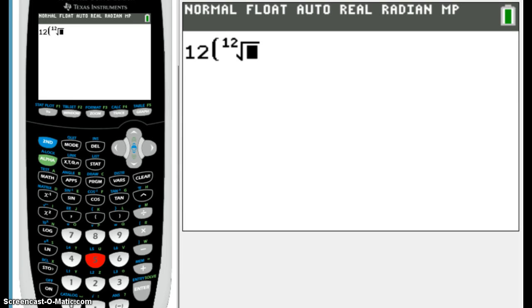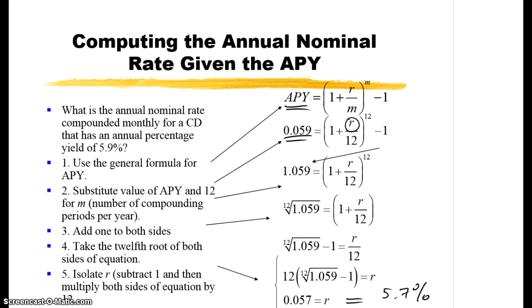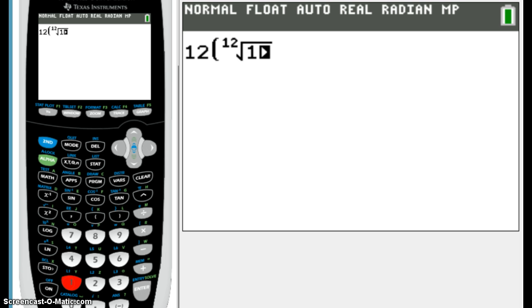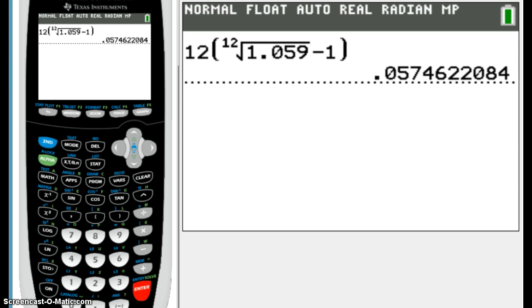So if I enter 5, notice the calculator recognizes the 12th root of whatever number we put in there, and our number is 1.059. Then I press the right arrow to get rid of the square root. I do minus 1, and then I close the parenthesis, and that's how I obtain my answer of 0.057, which is what we had earlier.